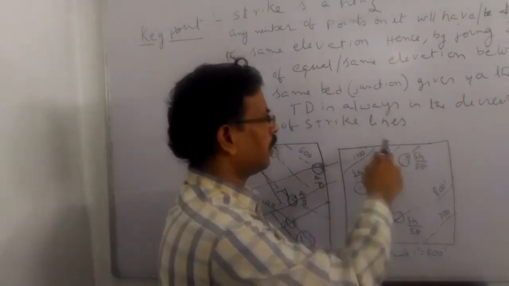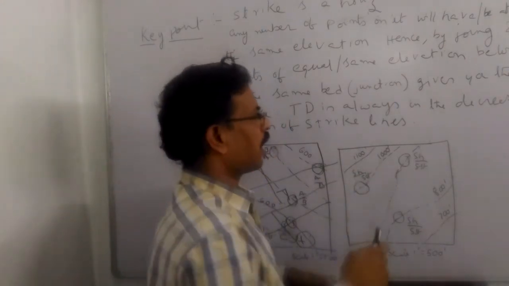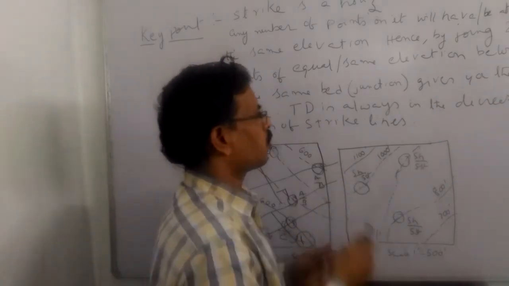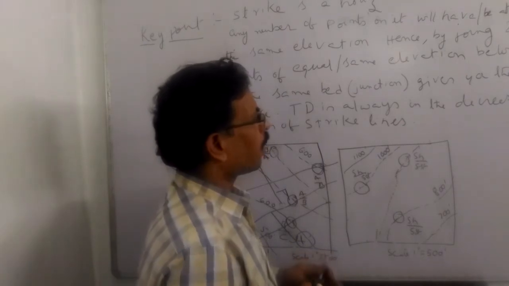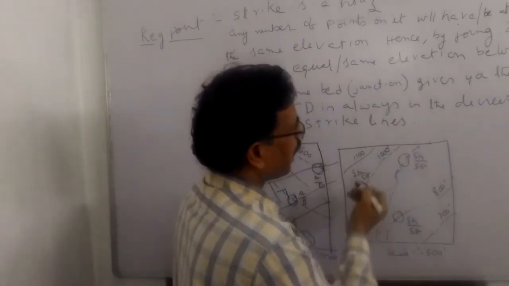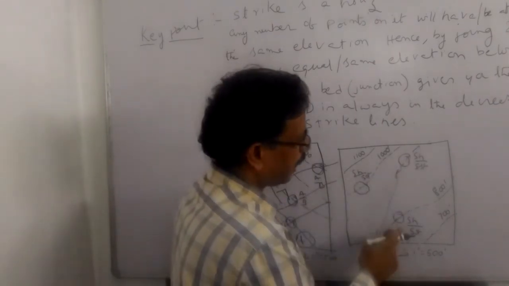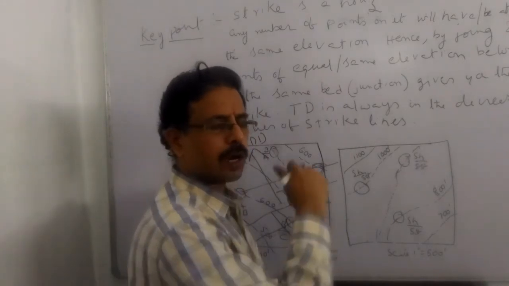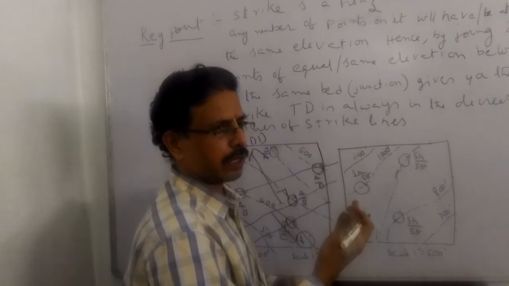So though there are 3 points, I cannot join any 2 of these outcrops. What I need to do is, if I get one more 1000 point or 900 point or 800 point, then I will join both those 900 or 1000 or 800 points. Then I will get the strike line.